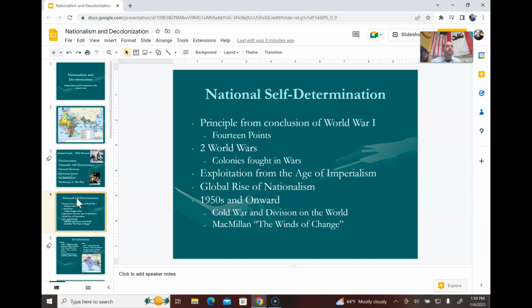And during World War I, that is what separates out the people in the Balkans. The Serbians and the Croatians don't want to be controlled by the Austro-Hungarian Empire, and that catapults us into the First World War.